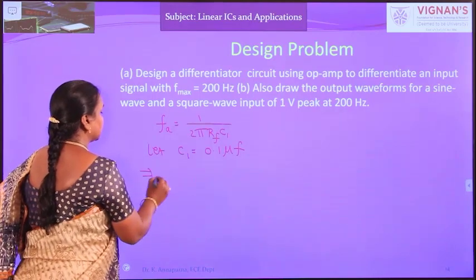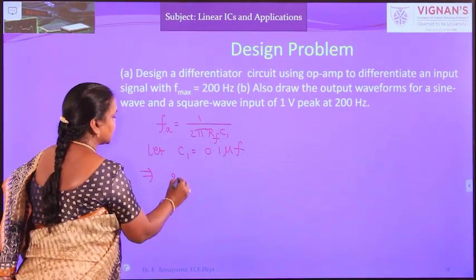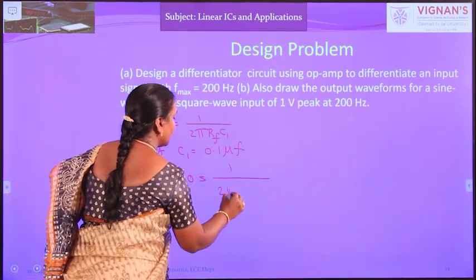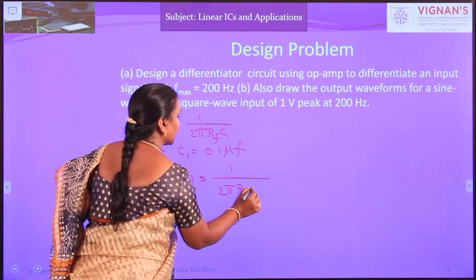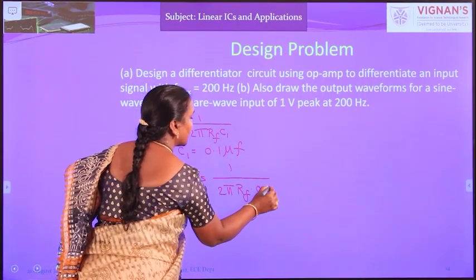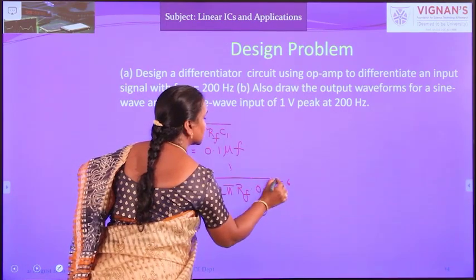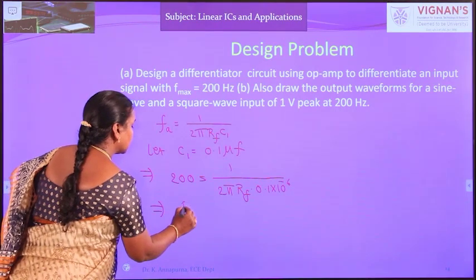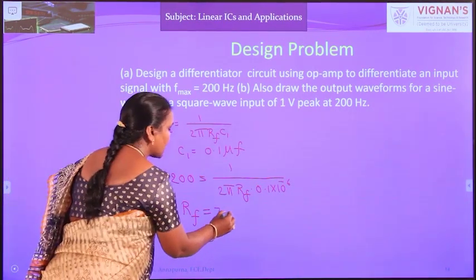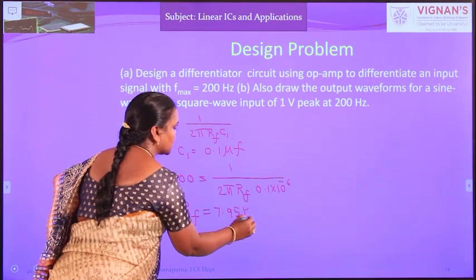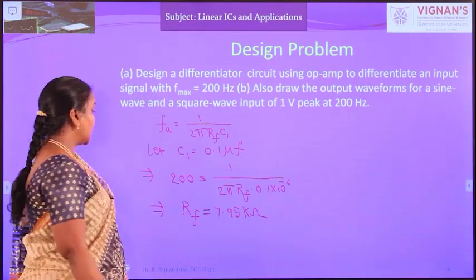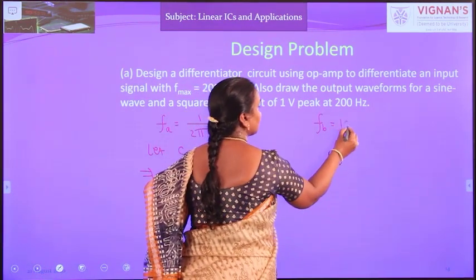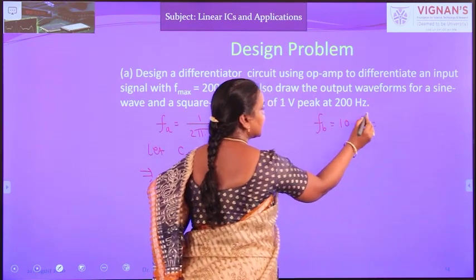Okay, this implies, what is this FA? 200 Hz is equal to 1 by 2 pi RF into 0.1 micro means 0.1 into 10 power minus 6. Okay, from this what is RF? 7.95 kilo ohms. Okay, next FB is equal to 10 times FA. So what is FA?